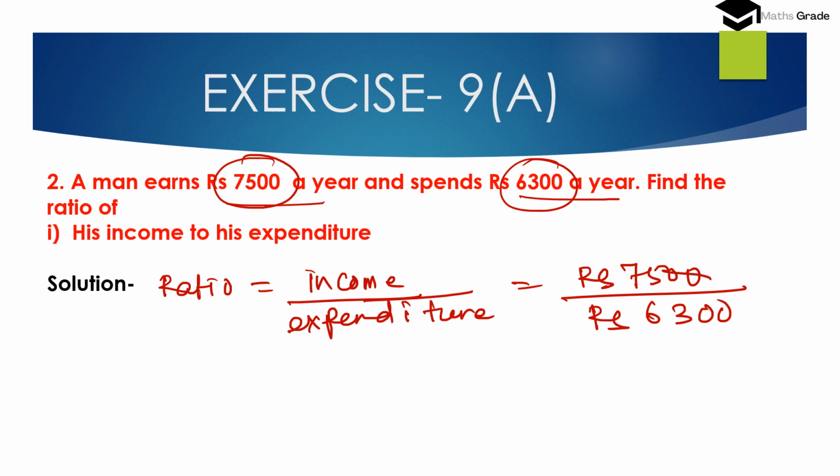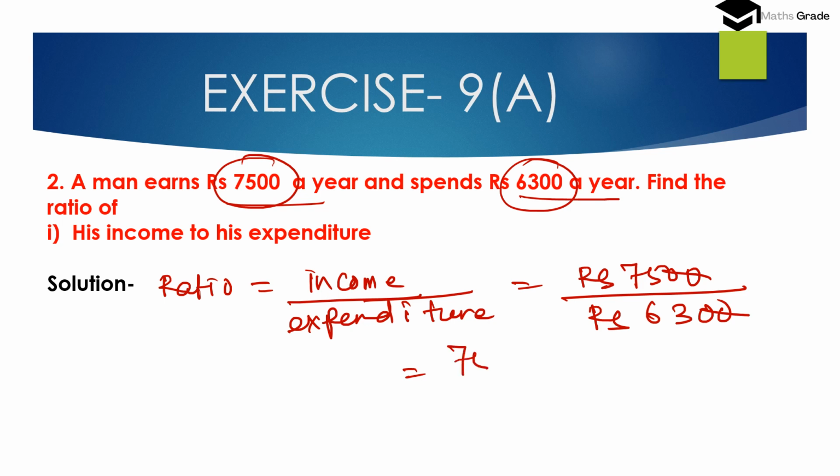Cancelling 2 zeros, we get 75 rupees divided by 63 rupees. Now between 75 and 63, 3 is the common factor.